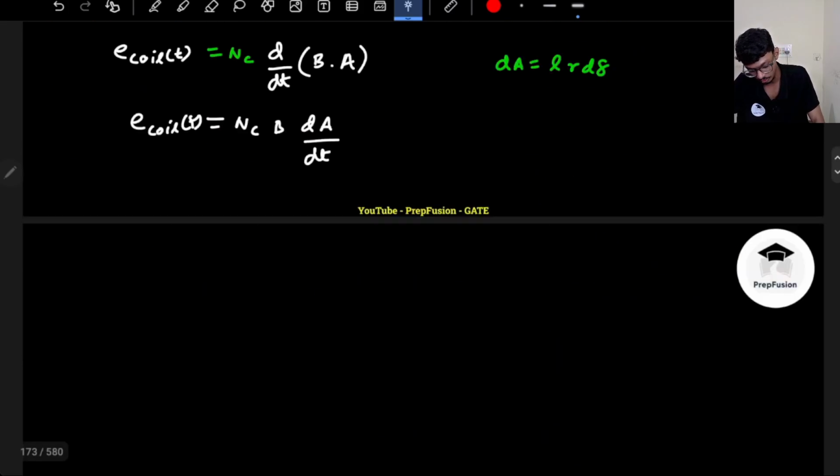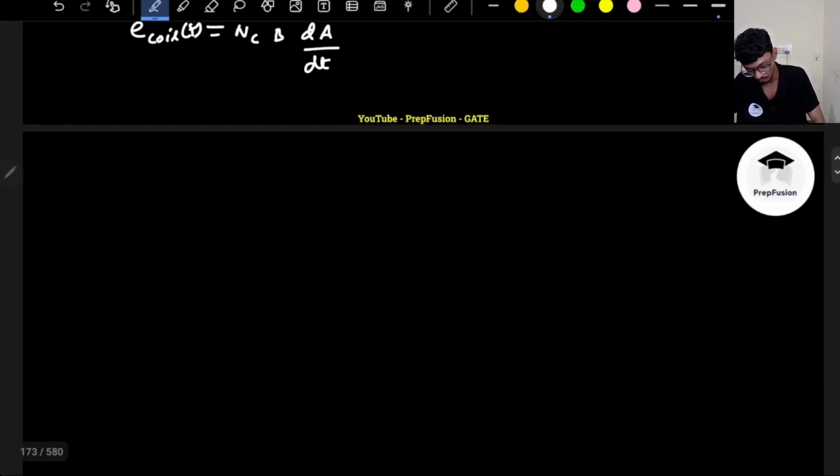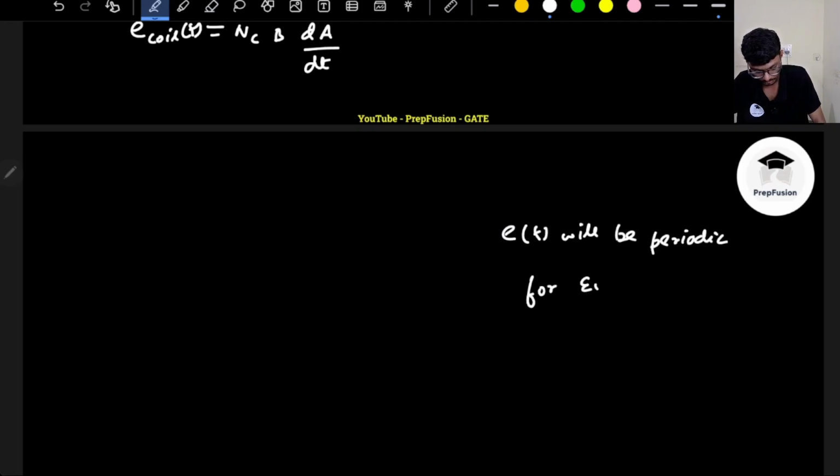So my induced voltage E of t will be periodic for every pi electrical, 180, because we are doing commutation, so the negative half cycle becomes positive only due to commutation.